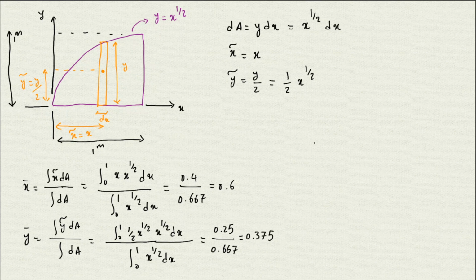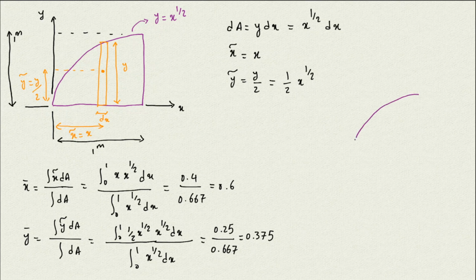Remember, we can do the very same thing if we consider the horizontal element as well. So if I draw that shape here, let's see how we can do that with the horizontal element.